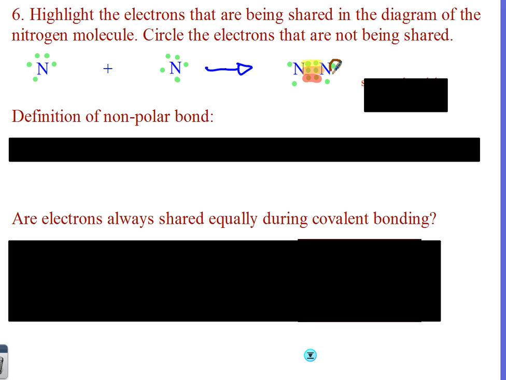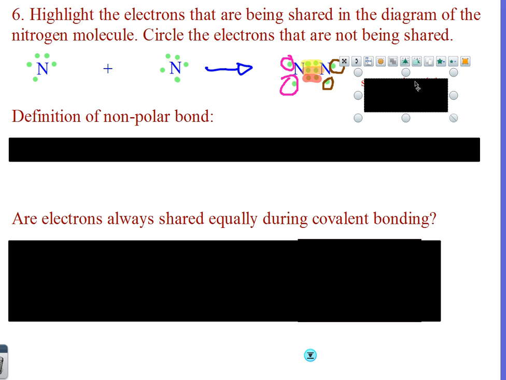Well, this guy is not shared, and this guy is not shared. I'll change colors as I change to the other atom. This guy is not shared, and that guy is not shared. Okay? So now remember that we didn't circle all 6 and we didn't circle them vertically. We've always practiced pairing things kind of horizontally, so it helps us get to our structural model.